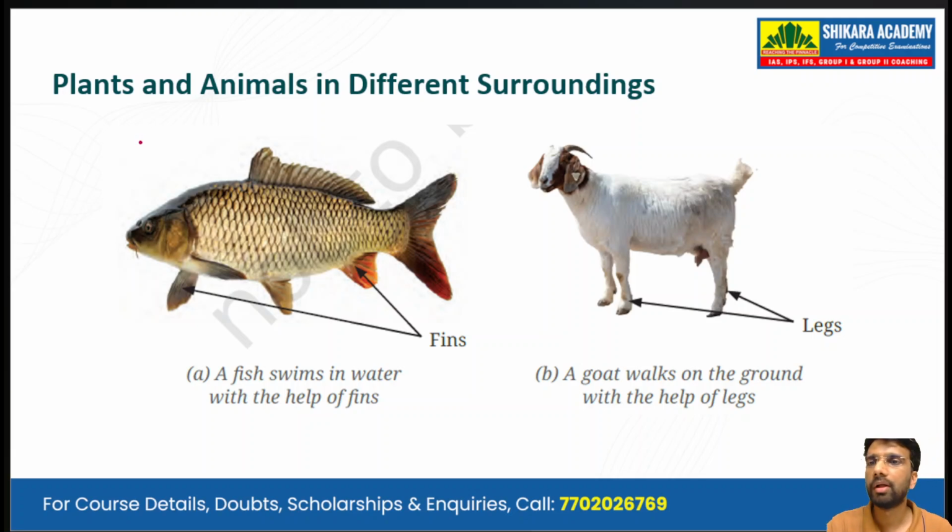Now let's discuss plants and animals in different surroundings. We have a fish specimen over here. A fish swims in water with the help of fins. A goat walks on ground with the help of legs. Movement of animals depends upon their surroundings. Fishes live in water, so they have a streamlined body.